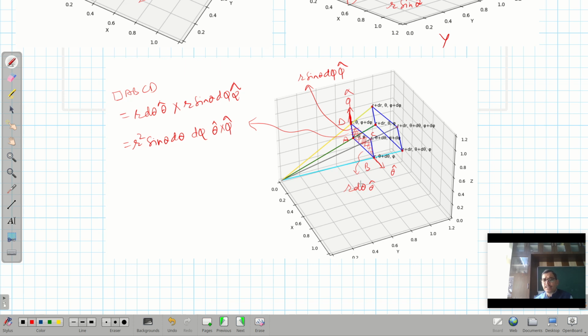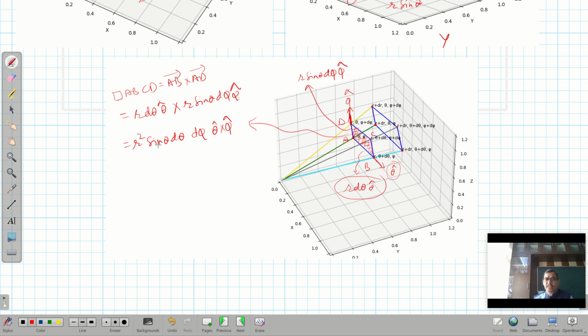One vector is r d theta, along this direction, theta cap. So this AB vector is represented by r d theta theta cap, and similarly the AD vector is represented by r sine theta d phi phi cap. So I just put their values.